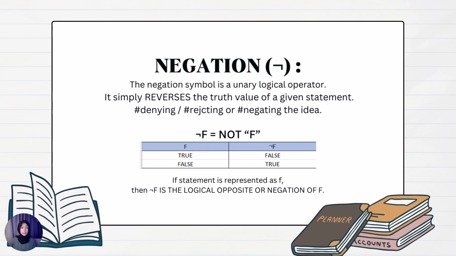So, if you see the table here, it says that the statement is F. If the statement F is true, then not F will become false. If the statement F is false, then the statement not F becomes true. So if a statement is represented as F, then not F is the logical opposite or negation of F. So this is for negations.